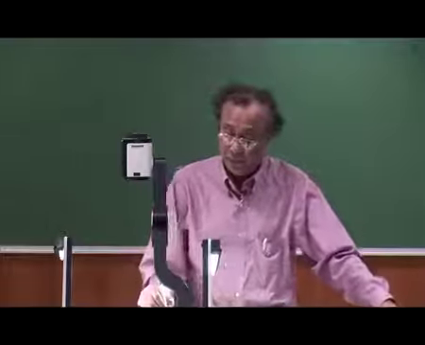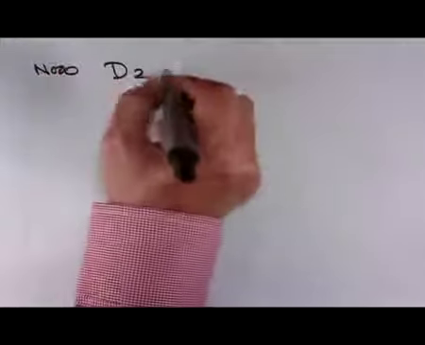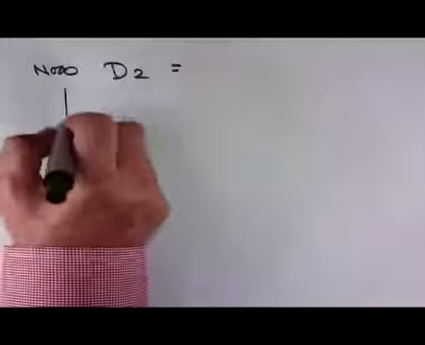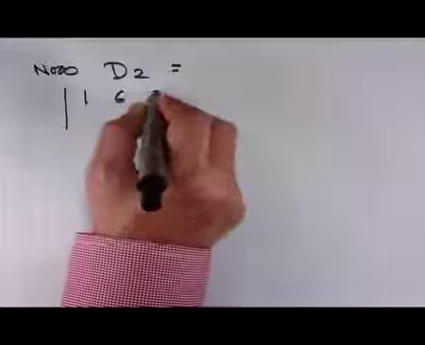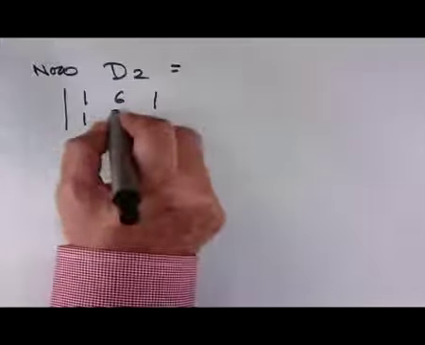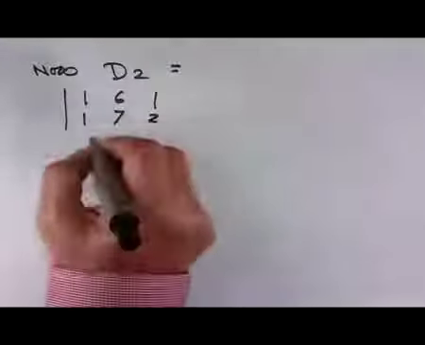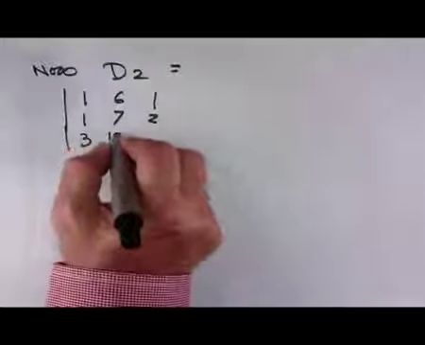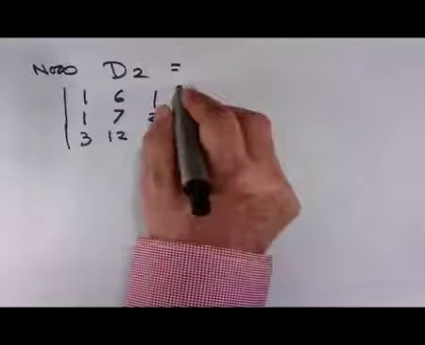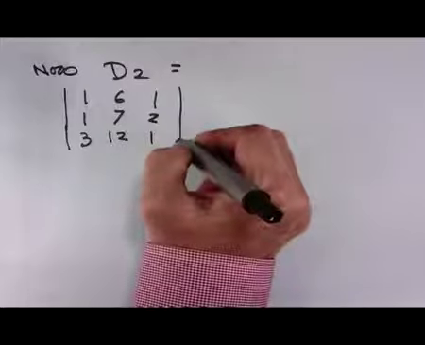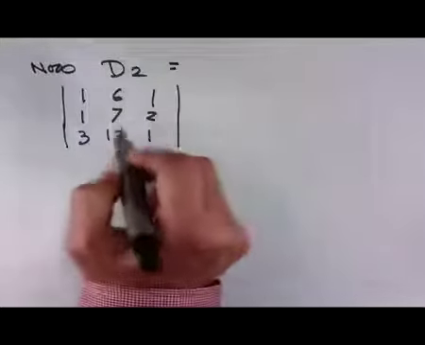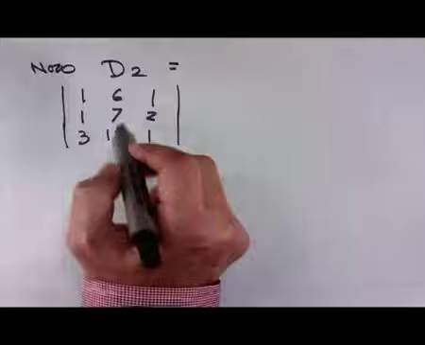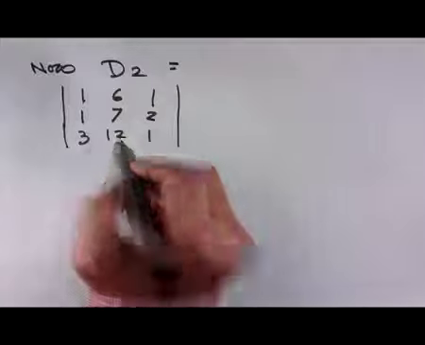Now, D2 is equal to determinant of 1 6 1, 1 7 2, 3 12 1, and this we get by replacing the second column with the B vector 6 7 and 12.